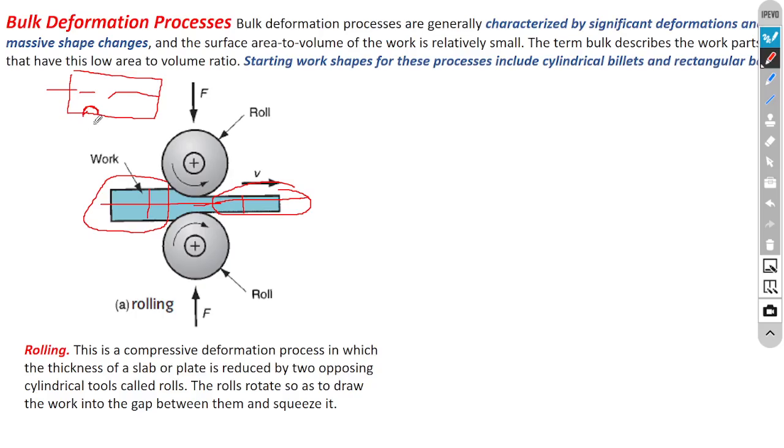Using such a roller, which applies the deformation all around, the shape of the product can take the shape of this space. It is not going to be a rectangular cross section, but a circular cross section. If in the rim we have an L-shaped cavity, then the product will be an L-shaped prism.